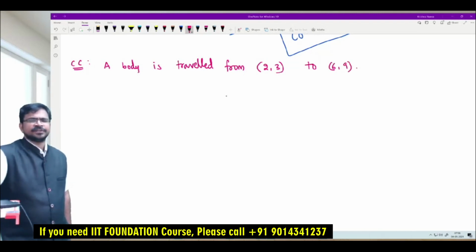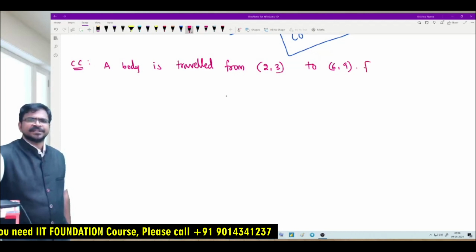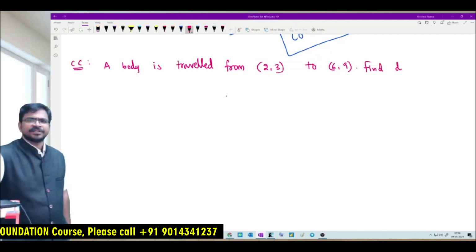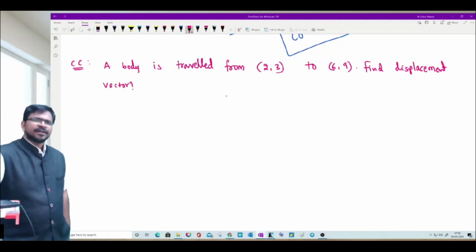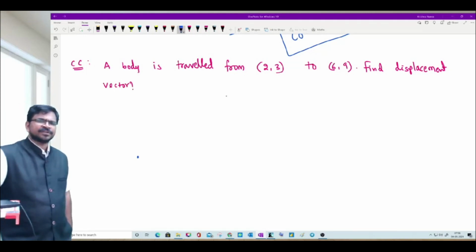Find the displacement vector. For that, we have just discussed it. It started from which point? Let us say 2, 3. It traveled from here to 6, 9.